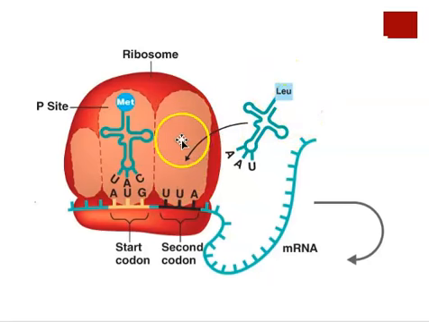We refer to this chamber as the A chamber, and this one gets called the P chamber because P stands for peptide. The peptide bond is the kind of covalent bond that the ribosome is going to build between the methionine amino acid and this incoming leucine amino acid. A peptide bond will get built between those two amino acids inside the ribosome.